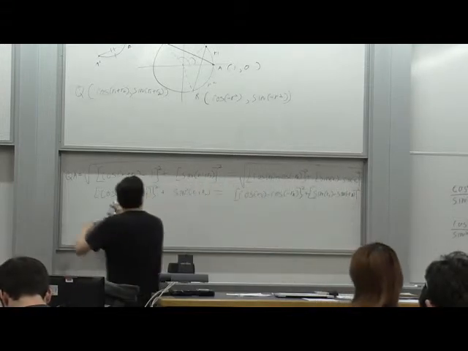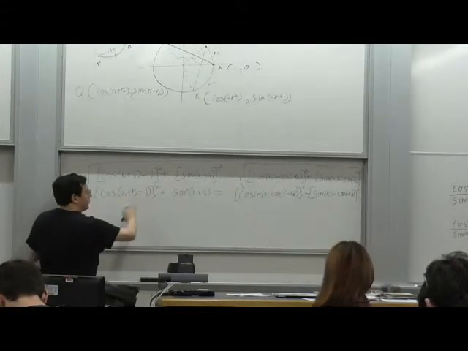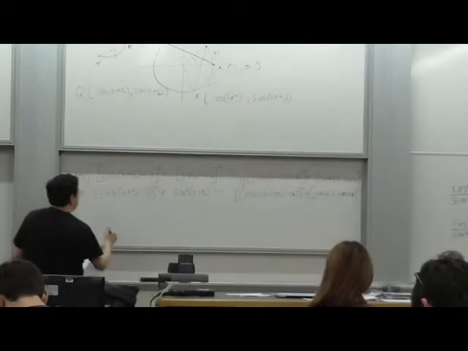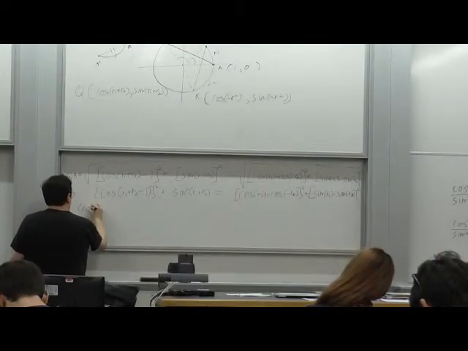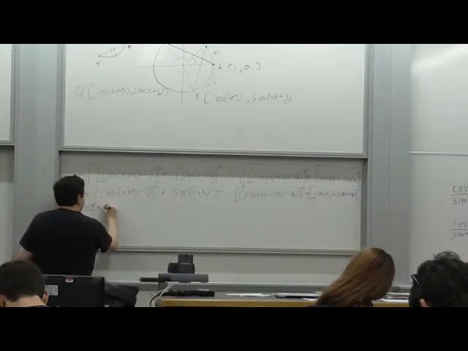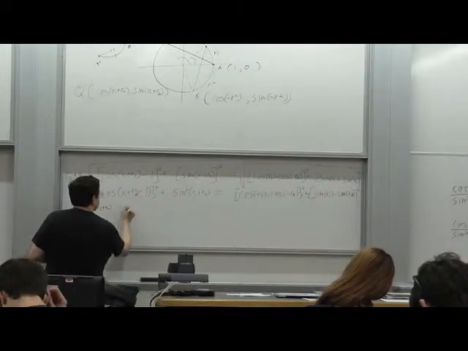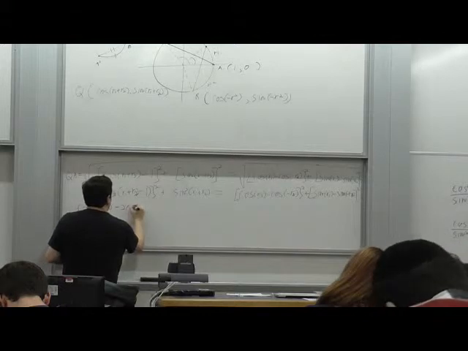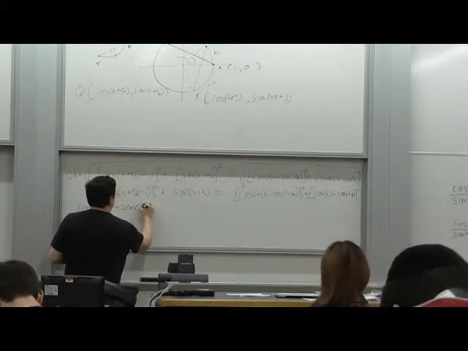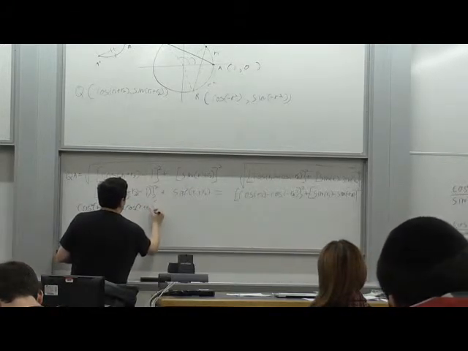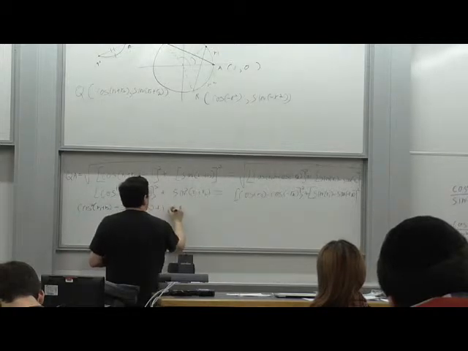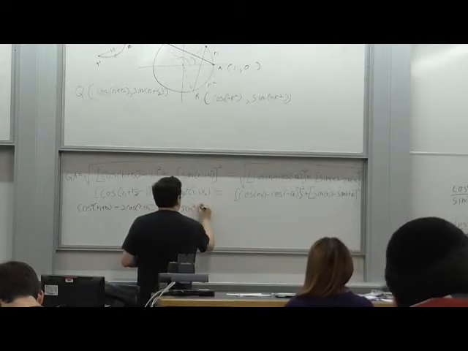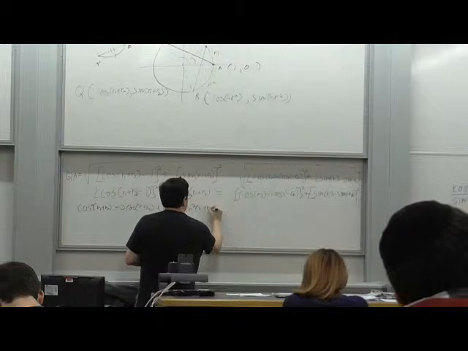Okay, so now I'm going to multiply these things out and see what cancels. So I've got cosine squared of R1 plus R2, minus 2 cosine of R1 plus R2 (this is FOIL), plus 1, plus sine squared of R1 plus R2.